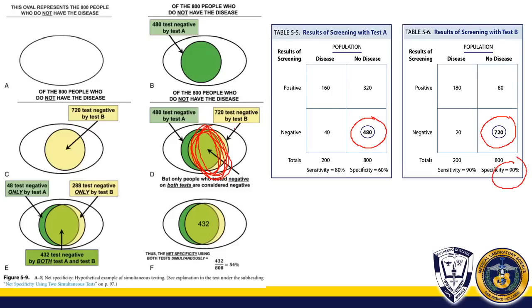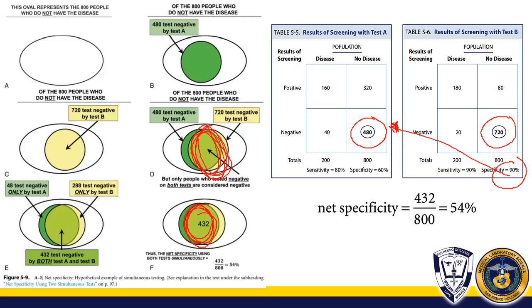specificity na 90% dire kay test B kay mas higher, compute it with the true negatives of your test A. So, kung ato nang i-compute, 480 times 0.90, so we will get the 432 who tested negative on both test A and test B. So, since naa naman ta na, then now we could compute.